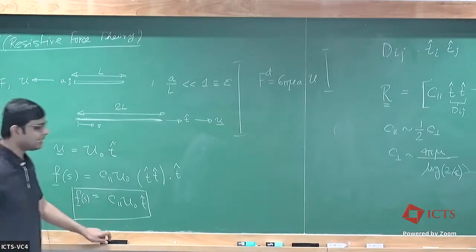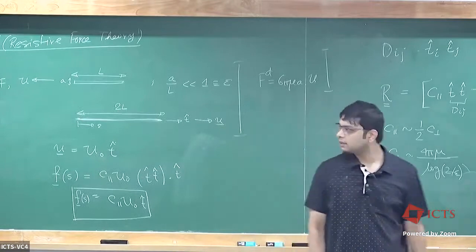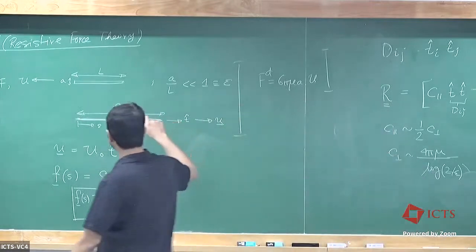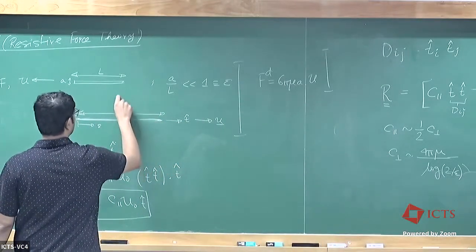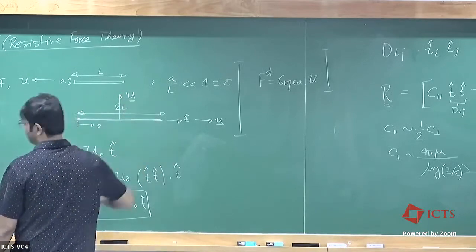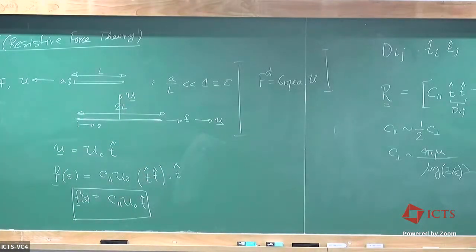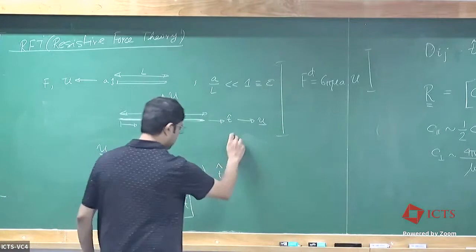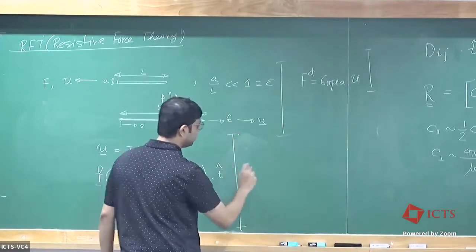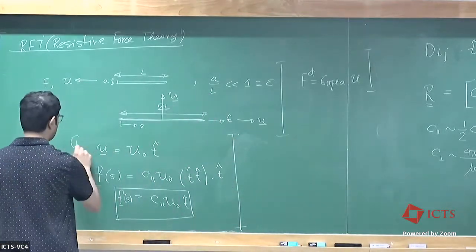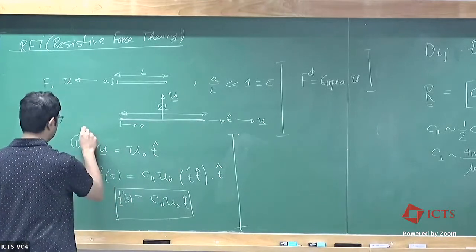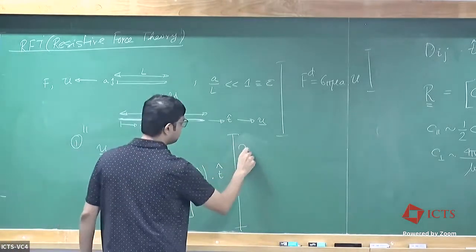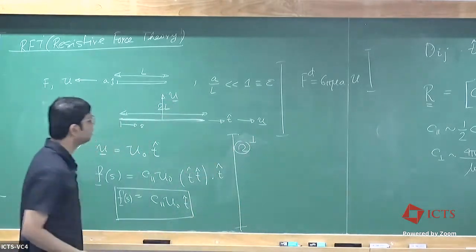So now I do the same experiment. I move the rod with the same velocity, but instead of moving it in this direction, I move it in this direction. So I'm going to draw the rod perpendicular to its long axis. Case 1 is the parallel case, and case 2 is really the perpendicular case.